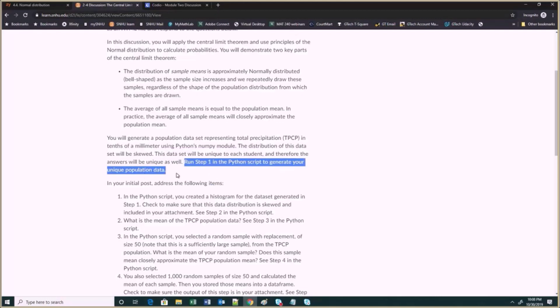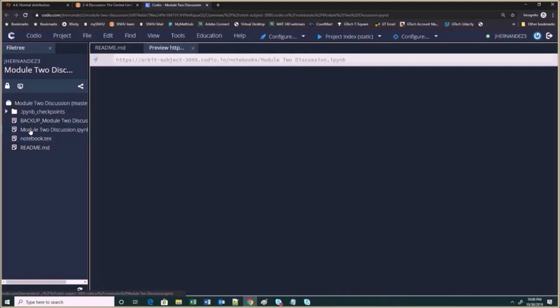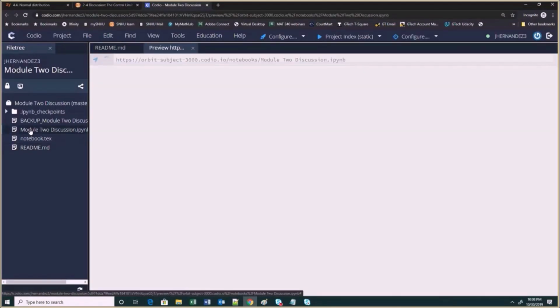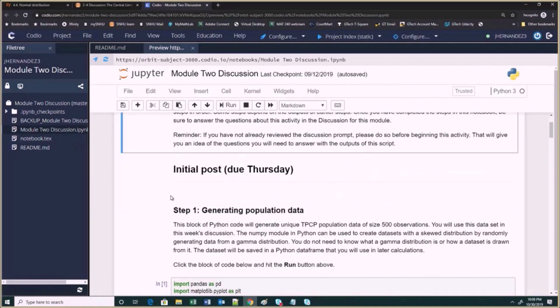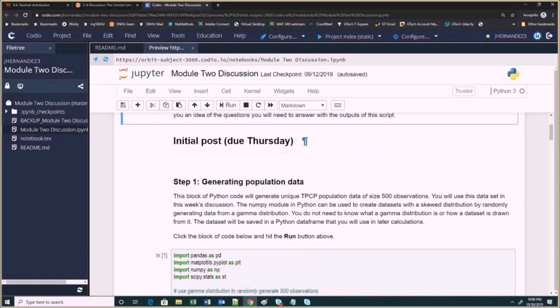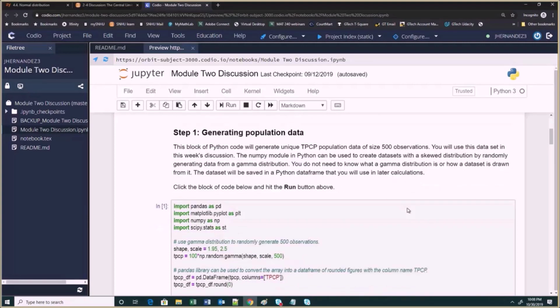So let's go to the Python script, and I will click on Module 2 discussion. Here's the central limit theorem. Just like before, please be sure to read these different steps and make sure you read the instructions here.